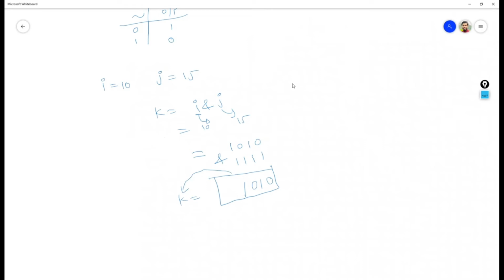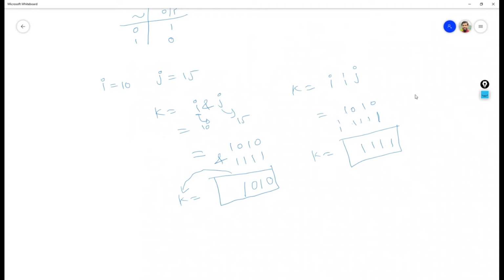Suppose I do k is equal to i OR j. At that time 1 0 1 0 ORed with 1 1 1 1 gives 1 1 1 1. So my output is 15, which will be stored into k. Whenever you do a bitwise operation, you must convert into binary format and then do the AND or OR operation.